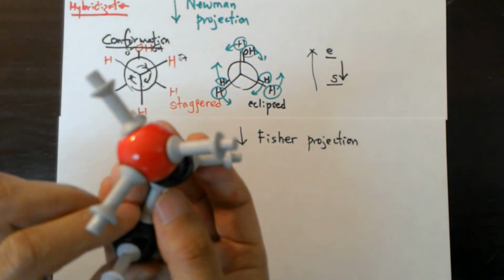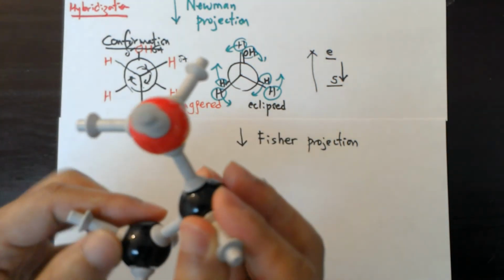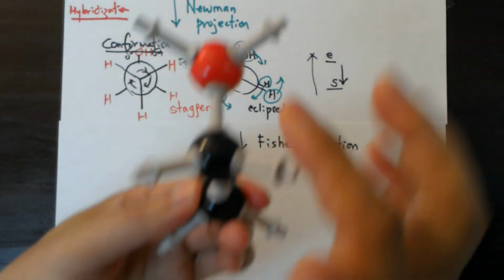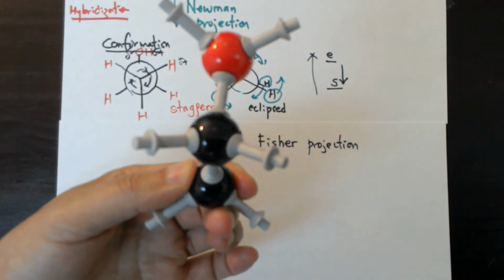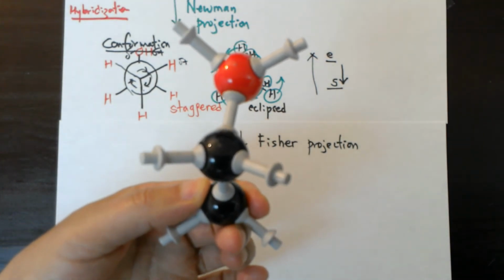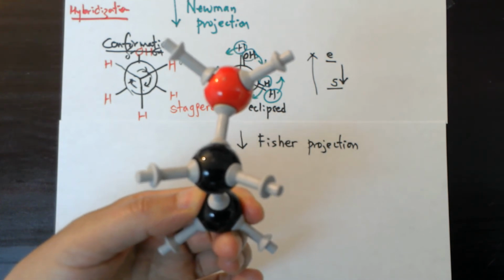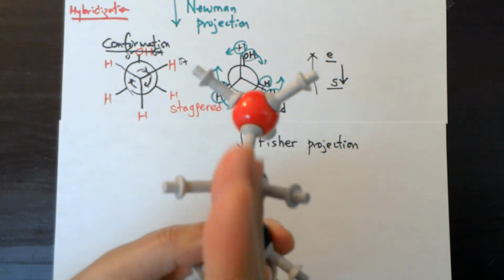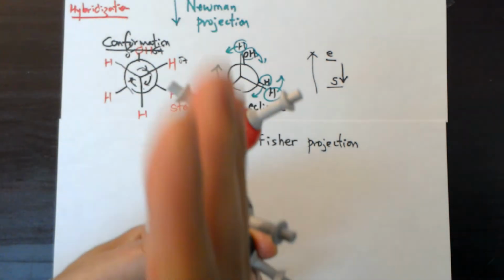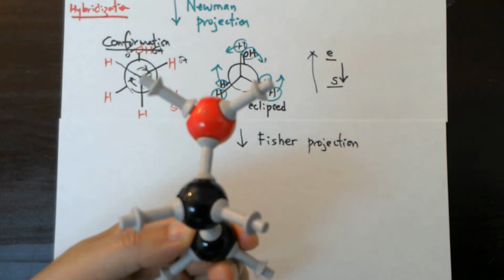Then you hold it the way the top and the bottom groups away from you. Then those side lines coming towards you. So the vertical lines are representing the lines going away from you.